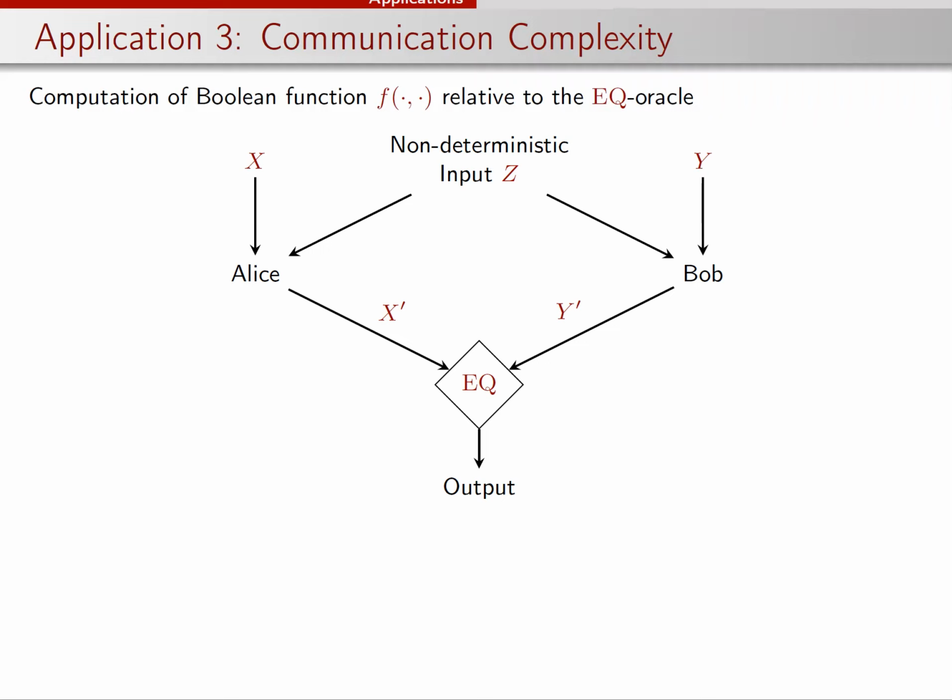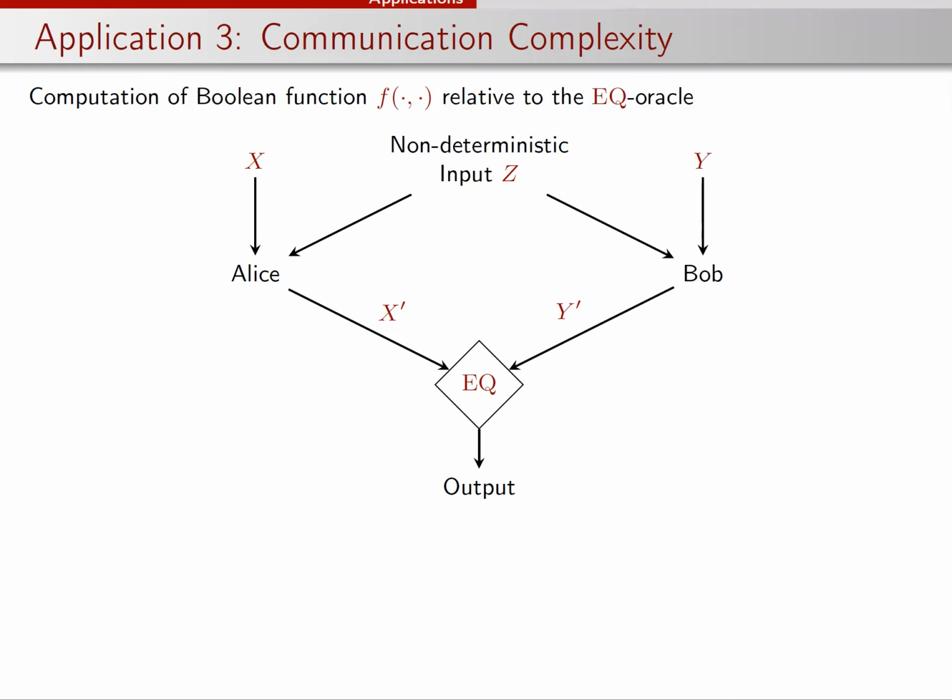This is done without any additional communication. Then these values, X prime and Y prime, serve as inputs to the equality oracle. So the output of the equality oracle is 1 if X prime and Y prime are the same and 0 otherwise.